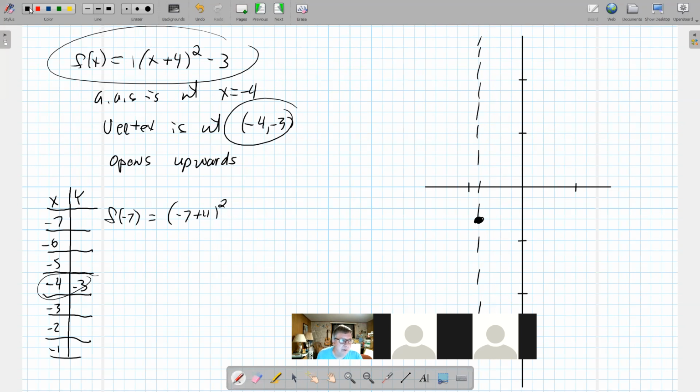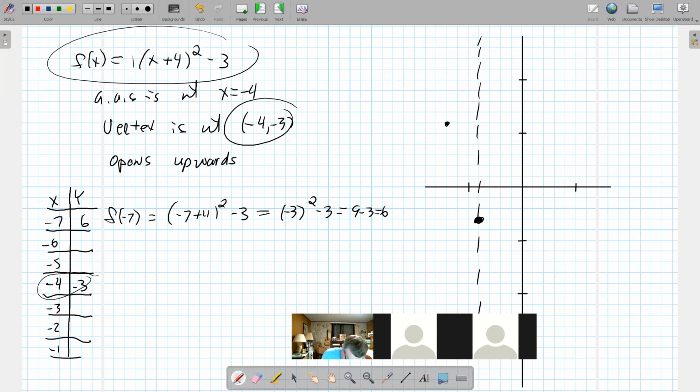Always got to keep reminding myself of that. Negative 7 plus 4 would be negative 3 squared, minus 3, which is 9 minus 3, which is 6. So negative 7, 6 is right there.